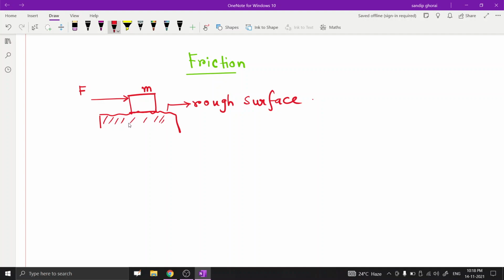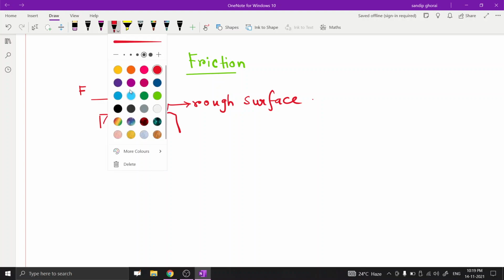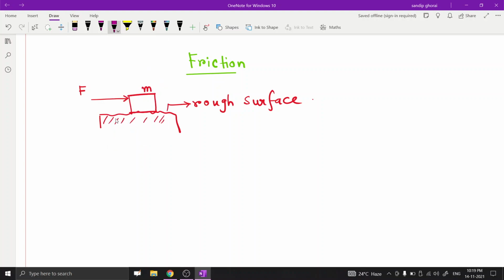In this situation, in the contact surface there is a frictional force, which is defined as small f.